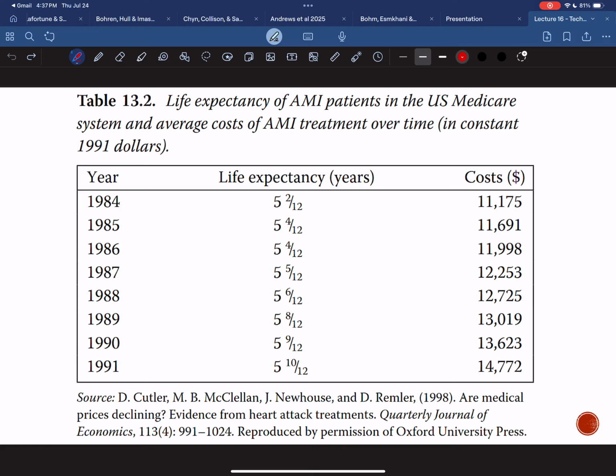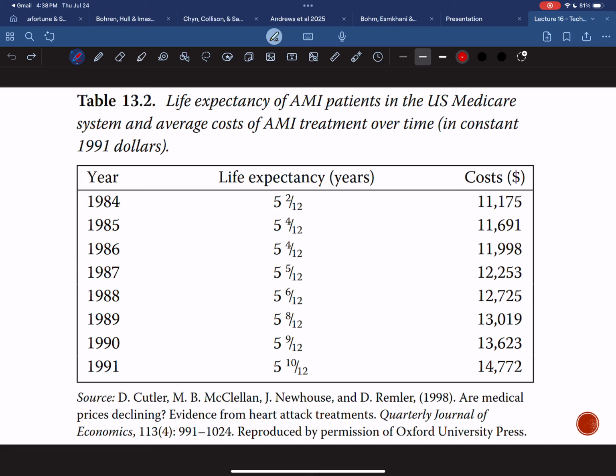So, just one last note on the price of healthcare. What's been happening to the price of health over this time period? This is looking over, I think, 7 years, 1984 to 1991. Then we're going to look at the price of surviving a heart attack. So we have life expectancy after a heart attack in years here, right?